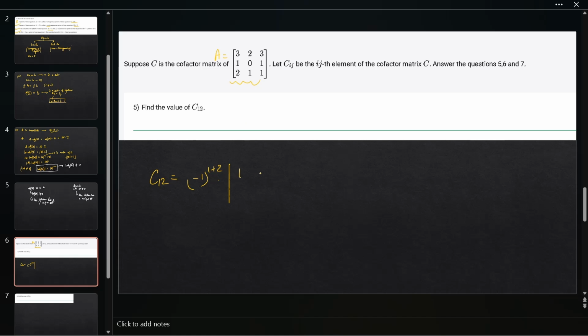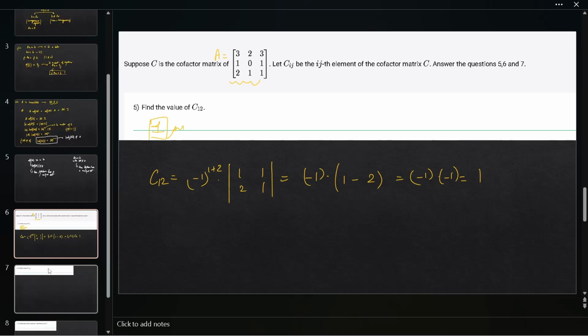So I'm left with this matrix 1, 1, 2, 1. It is equal to minus 1 to the power 3, which is minus 1, times this determinant, which is 1 minus 2, which is minus 1 again. So minus 1 times minus 1 is equal to 1. So the answer of this question is 1.